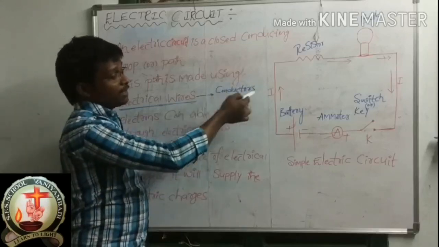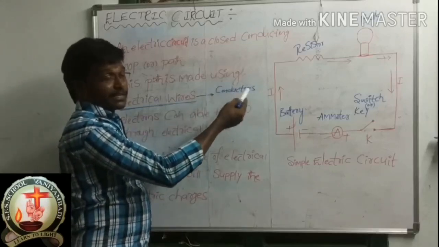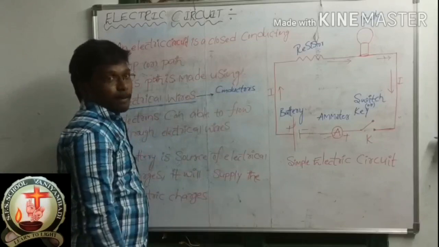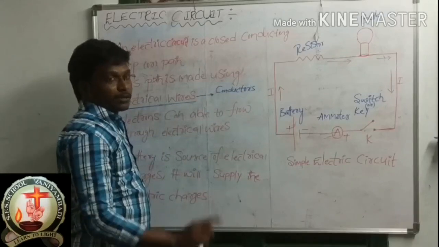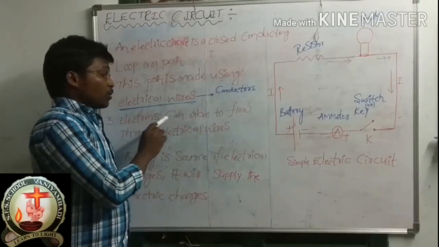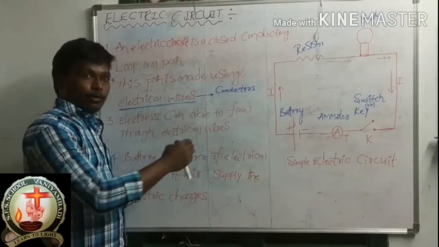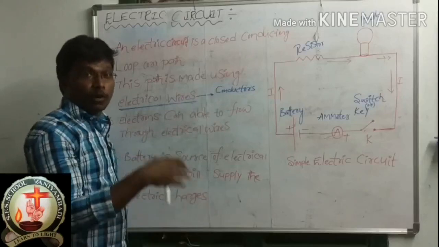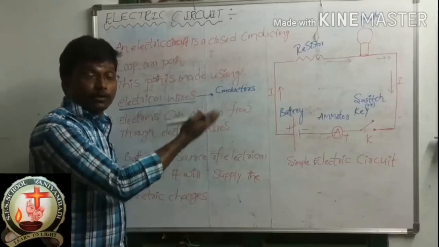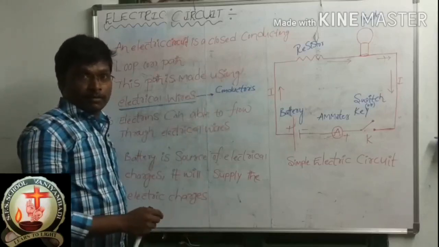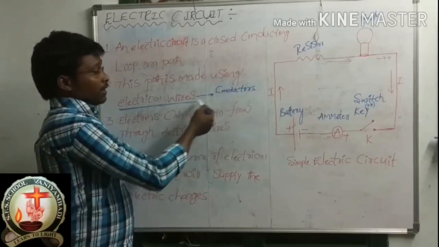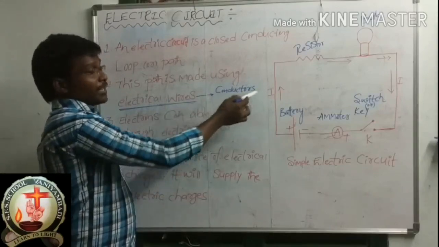Electrical wires are nothing but conductors. Just remember, electrons can flow through electrical wires. For what reason are electrons flowing through the electrical wires? Because these electrical wires are conductors.